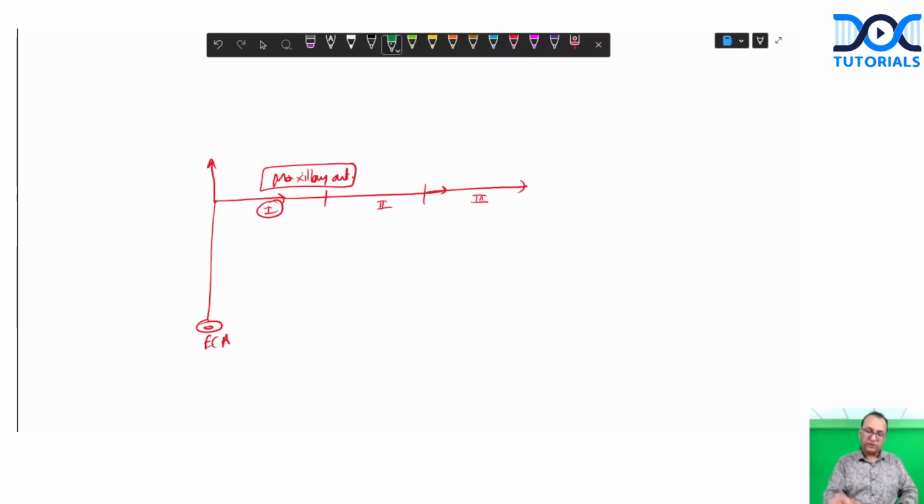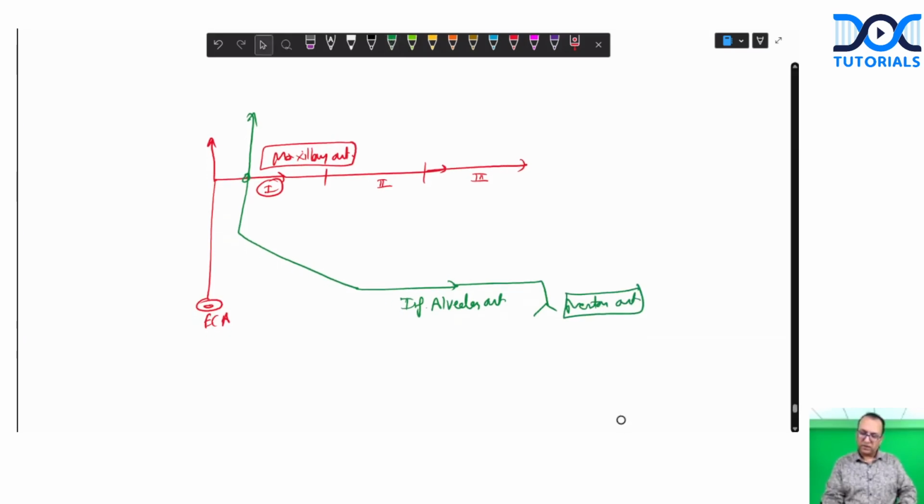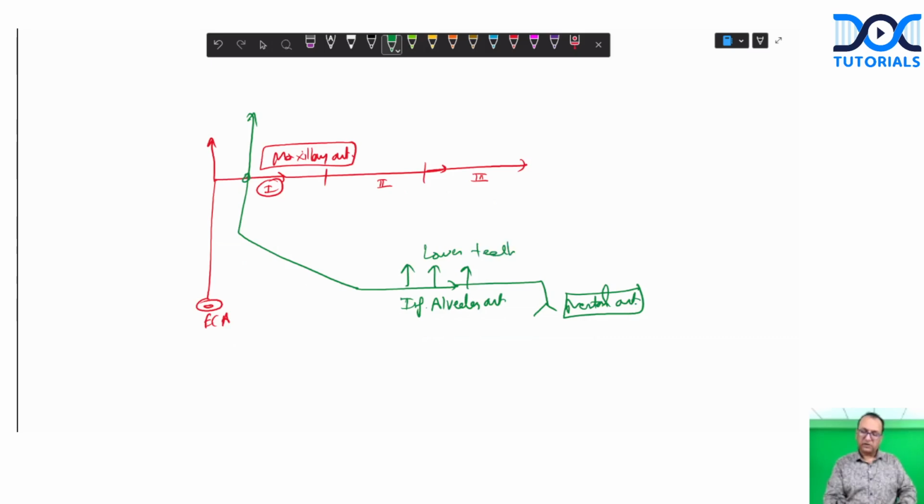You already know the branches of Part 1. We have discussed. It was the inferior alveolar artery, which was giving us the mental artery. The mental artery was supplying the lower teeth, but the maxillary artery also supplied the upper teeth.